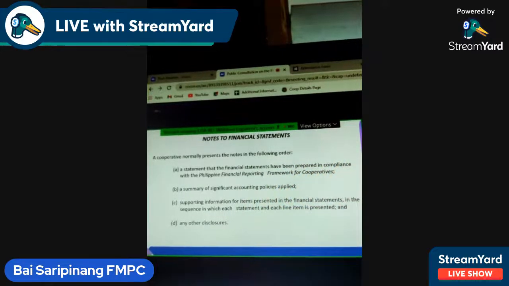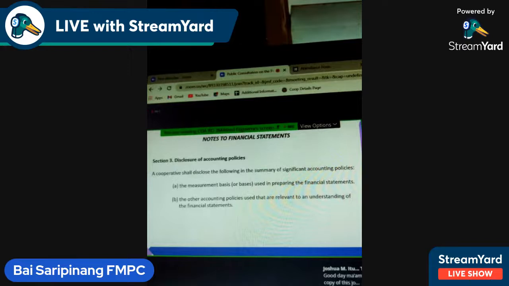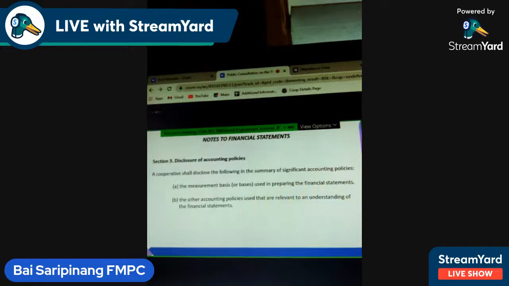Next is a statement in the sequence in which it is stated, each line item presented, and any other disclosure. That is the order of the inclusions and content of our notes.